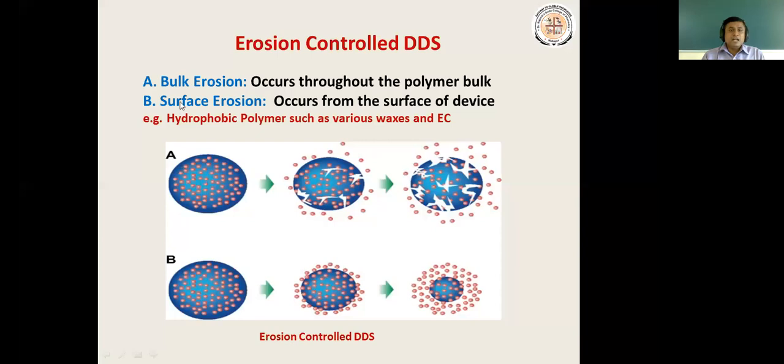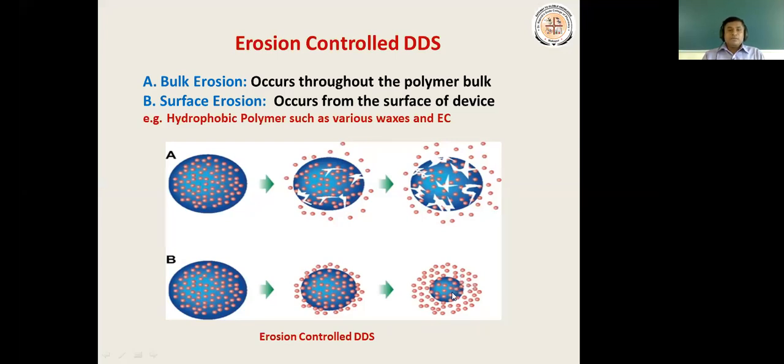The second type is surface erosion, which occurs on the surface of the device. Here, this is the initial position when it comes in contact with the gastric environment. The surface of the polymer disintegrates, degrades, and slowly erodes, and the drug present in the system becomes available and is released.